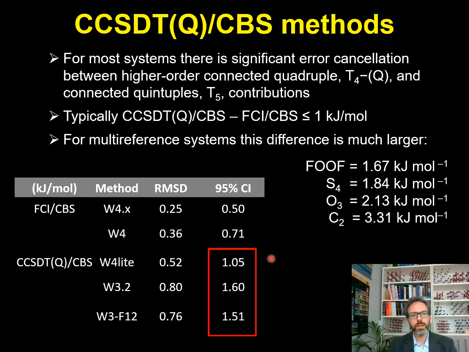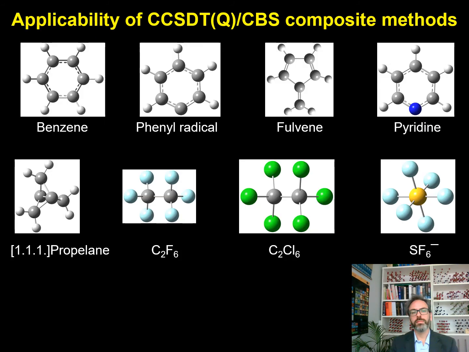So while we can no longer achieve 95% confidence intervals that are smaller than 1 kilojoule per mole, we still obtain very respectable error bars with the CCSDT(Q) composite ab initio methods. Here we see the applicability of CCSDT(Q) composite ab initio methods. So we can see that they're applicable to much larger systems like benzene, the phenyl radical, pyridine, and even C2Cl6 and the SF6 anion.